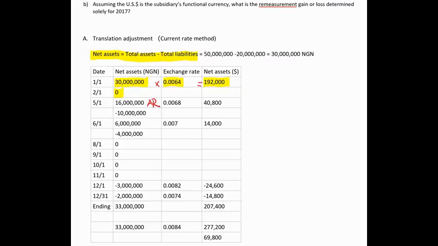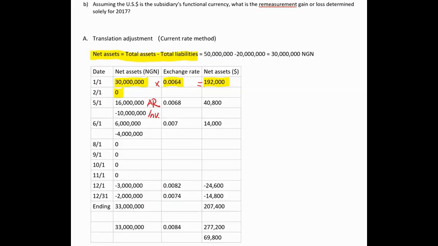That's the cost of inventory, and the number given is 10 million. So we reduce our assets by 10 million, the inventory. And the net amount in this transaction increases our total assets by 6 million. So that's the net amount of impact.